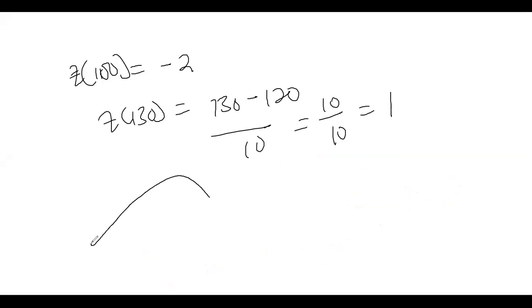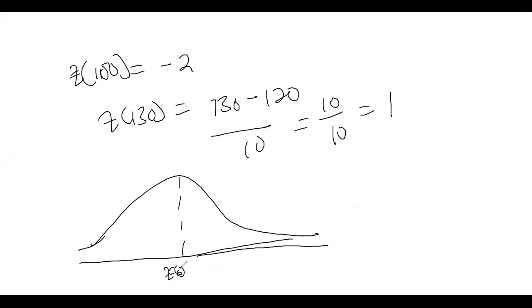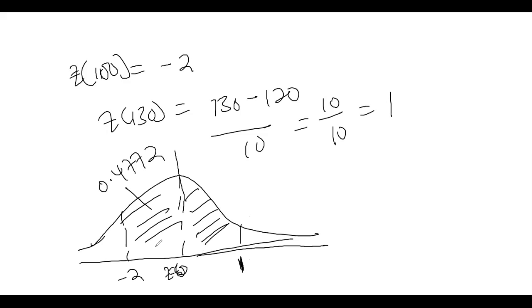So in essence, we draw the curve. So 0, this is a z-score of 0. So we are looking for between a standardized value of -2 and +1. Okay. So when we read from 0 to -2, this section was 0.4772. So we need to also get this region, so that we can add up to this region. Then we can get between -2 and +1. So +1 essentially means that it is 1.00, in terms of 2 decimal places.